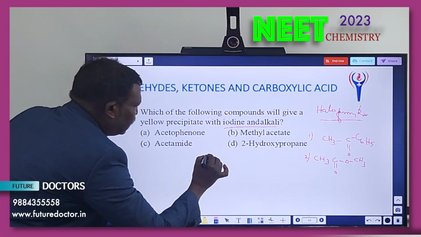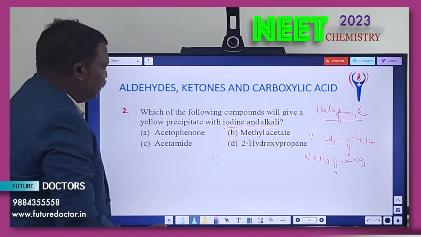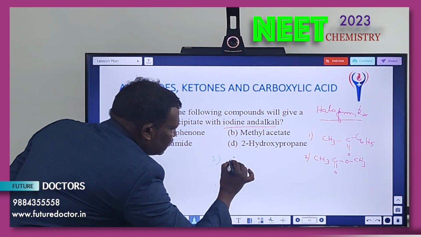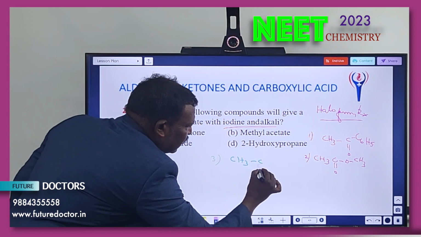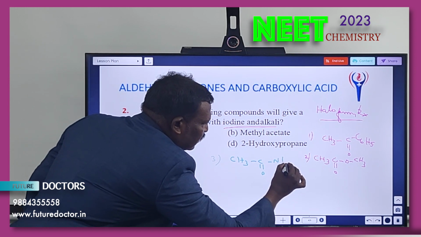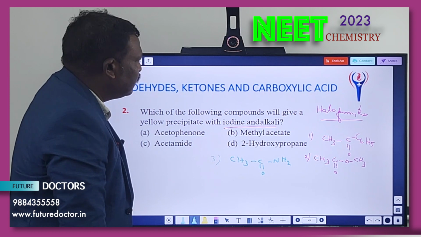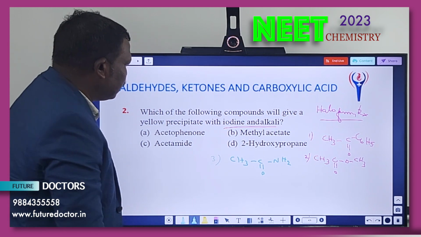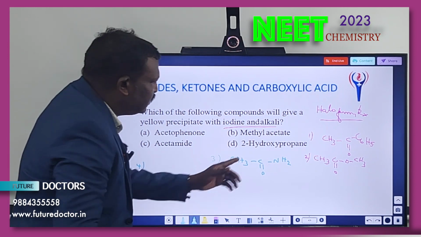What's the third one? Third one is acetamide. Acetamide means CH3, C double bond O, amide, you put NH2. Understood? Then 2-hydroxypropane, the fourth one I'll write here.